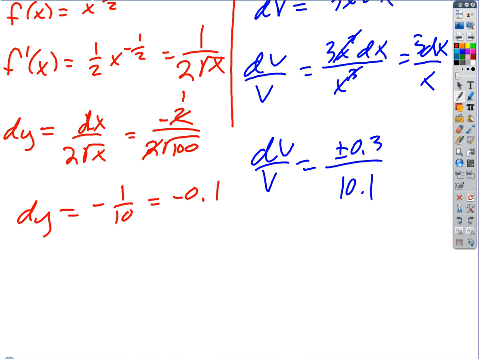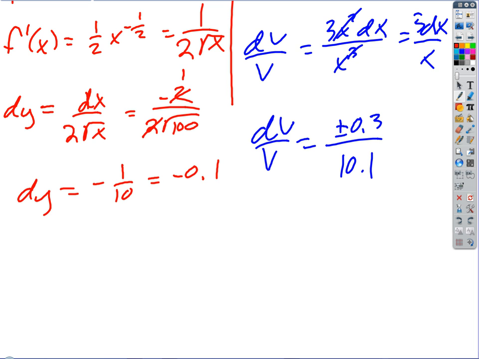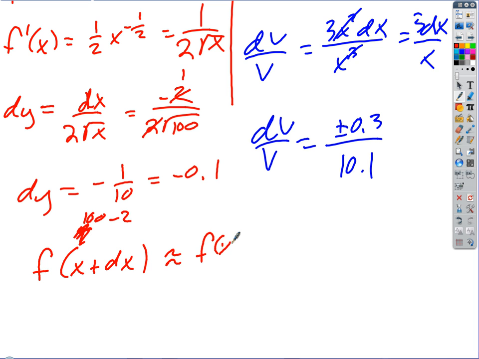Okay. So how does that help us? Well, here's how that helps us, because we know that f of x plus dx, which is f of 100 minus 2, there's our f of 98, is roughly equal to f of x plus dy if we use our differential, right?